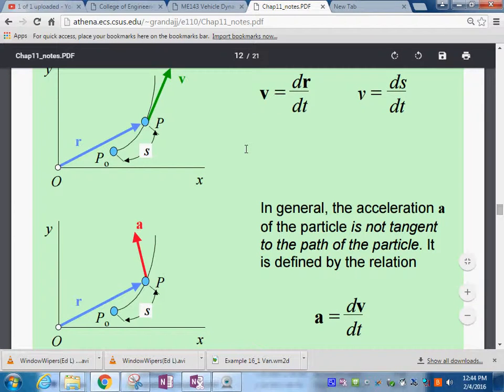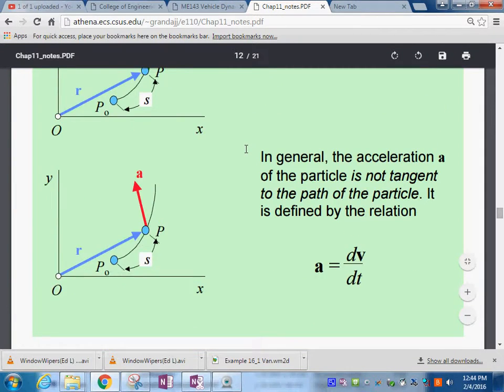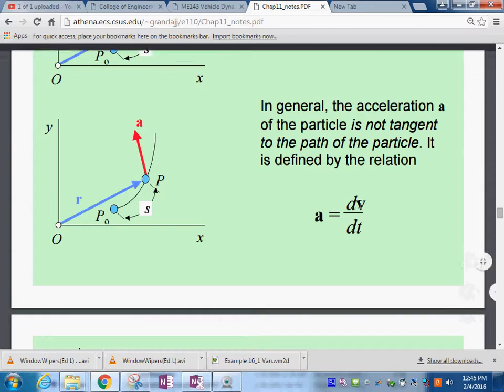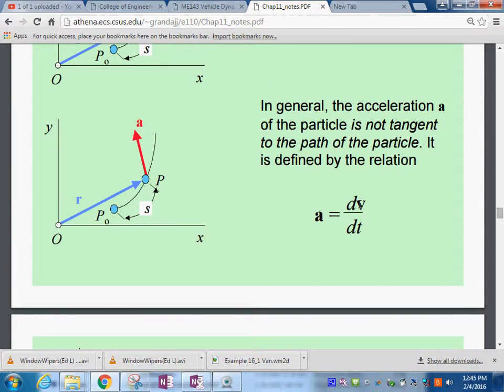And the acceleration of a particle is not necessarily tangent to the path of the particle. It is actually defined by the relationship dv dt. But I already told you that when you talk about dv dt, it has to involve the direction and the magnitude.